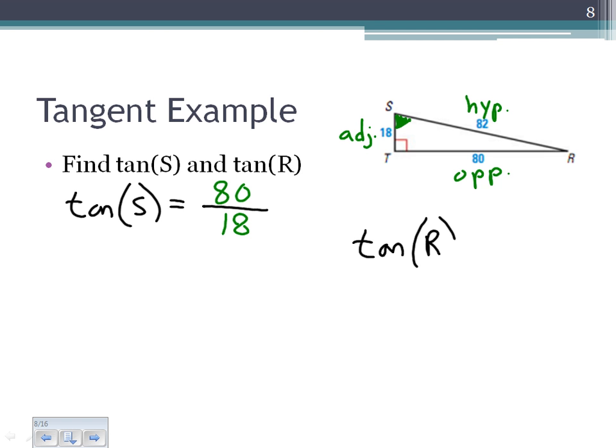Tangent of R then. Now it's a new angle. So instead of the green, we're now looking at the red. So notice how R changed its location. What is opposite to R now? Justin? ST, very good. What is adjacent to R now?